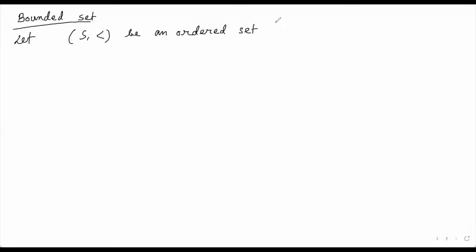Now we define bounded sets. So we start with an ordered set. Let S comma less than be an ordered set and E some non-empty subset of S. So E not equal to empty set. Then we say that, the definition starts here.